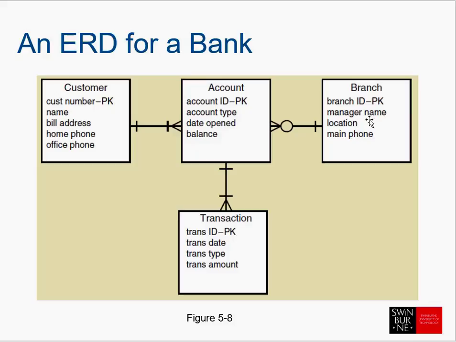And then one account must have one or many transactions. If you go the other way around, one transaction must belong to one account, and one branch may have zero or many accounts, and then one account must belong to one customer. So that is how we read this diagram, left to right and right to left. We need to go through this diagram in order to identify the key relationships.